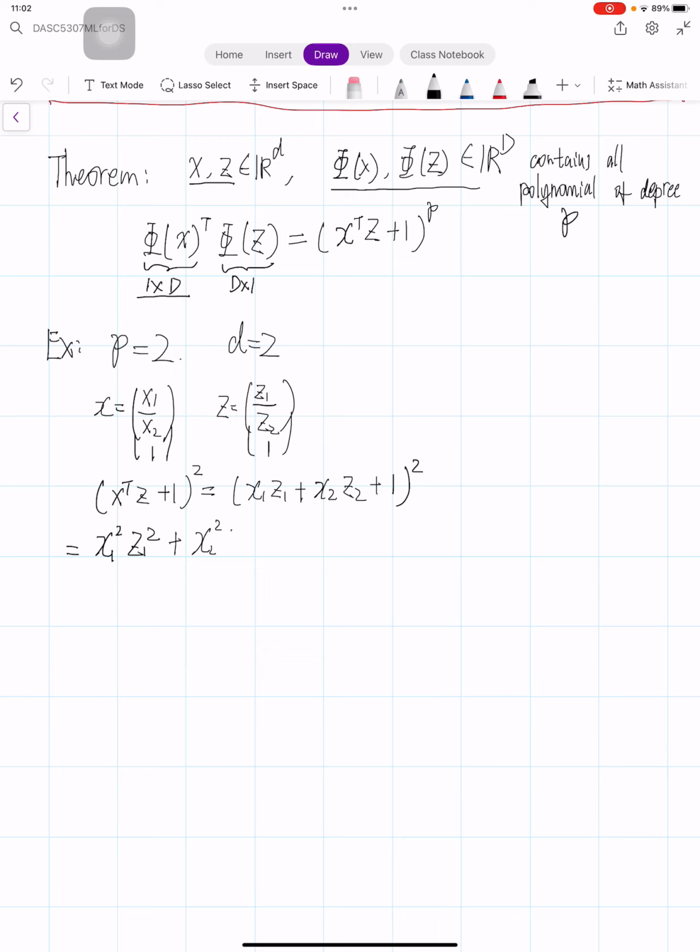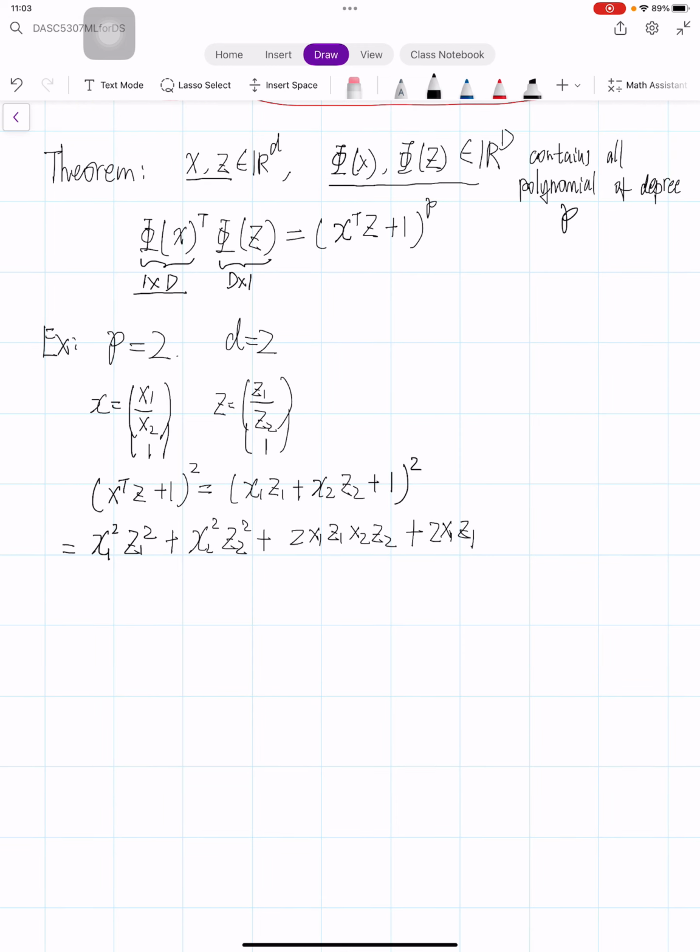plus x2 square z2 square plus 2 x1 z1 x2 z2, plus 2 times x1 z1 plus 2 x2 z2 plus 1.